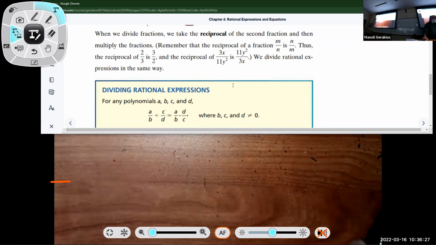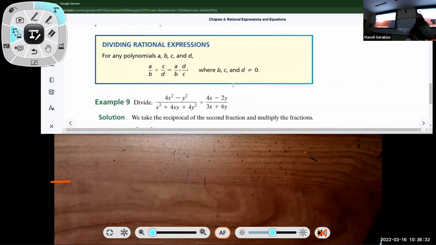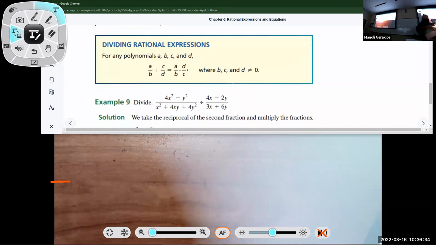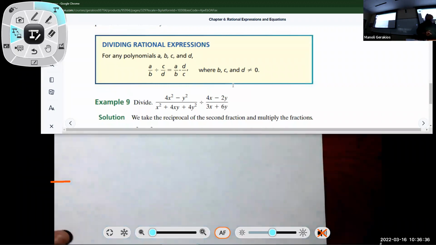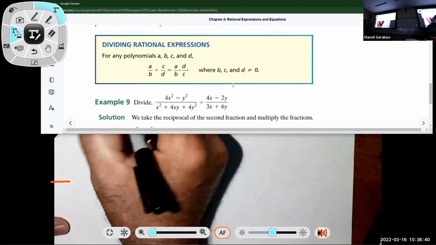Okay, so we did the multiply operation. Now we're going to do division. Copy this down.